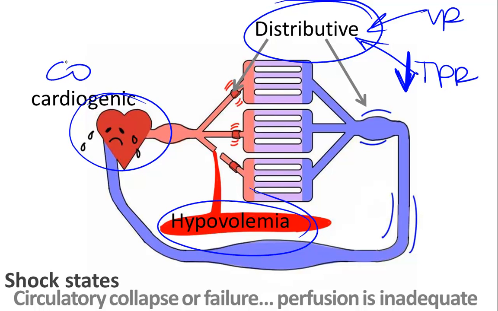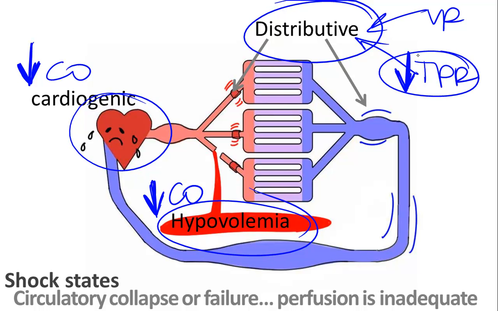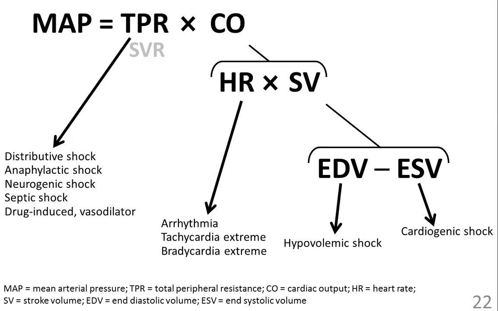In cardiogenic shock, our cardiac output is reduced because the heart's not pumping well. In hypovolemia, same thing, our cardiac output is reduced because we simply don't have the blood to circulate around. So these are probably the main things going on.